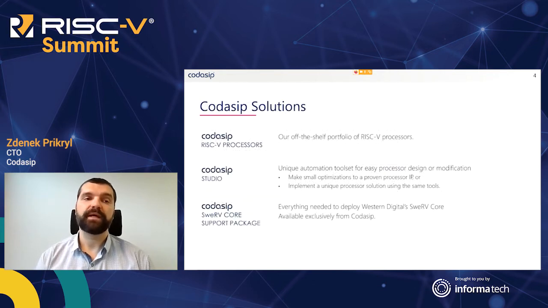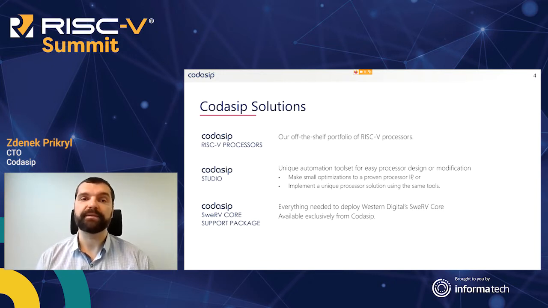Now, if you look at the solutions that Codasip provides, there are the Codasip RISC-V processors, the family portfolio that I was talking about. But we also have Codasip Studio, the EDA tool with which you can customize the IPs if you need to. Last but not least is the Codasip SweRV core support package.